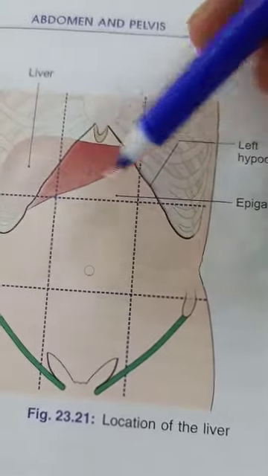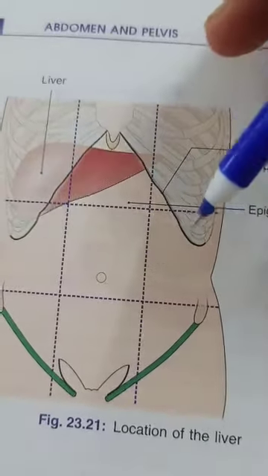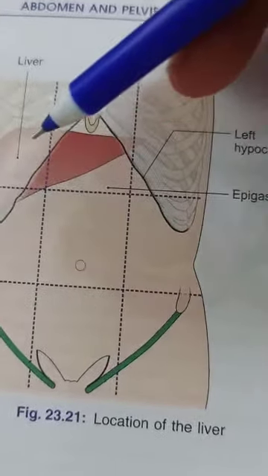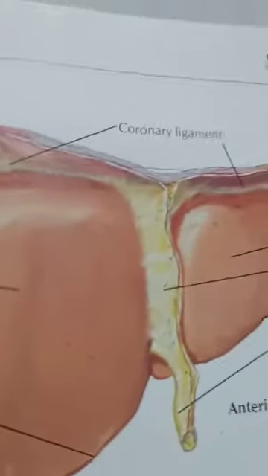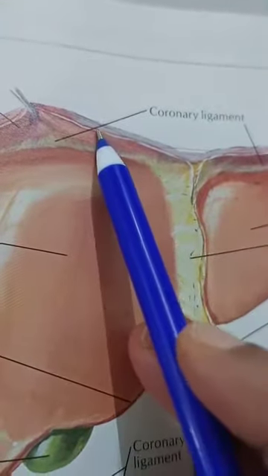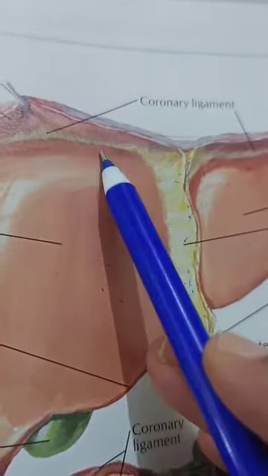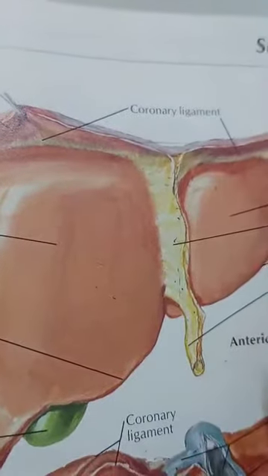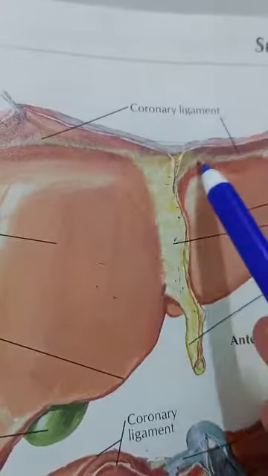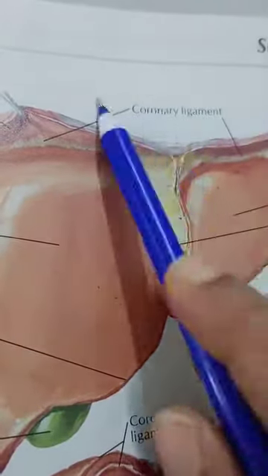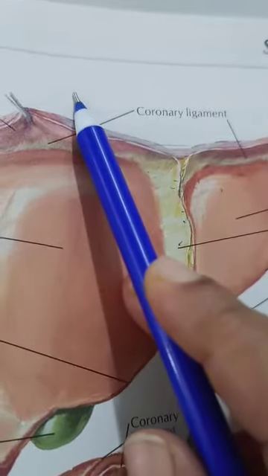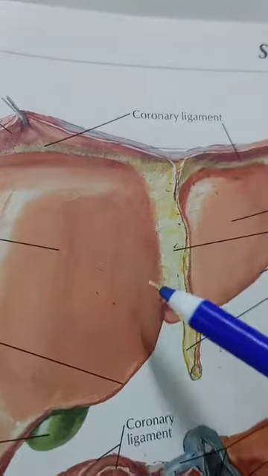On either side it is related to the rib cage and intercostal muscles. Those are the anterior relations. Superiorly, the superior surface is related to the diaphragm, and above the diaphragm at the midline to the heart, and on either side to the right and left lungs, with pleural coverings.